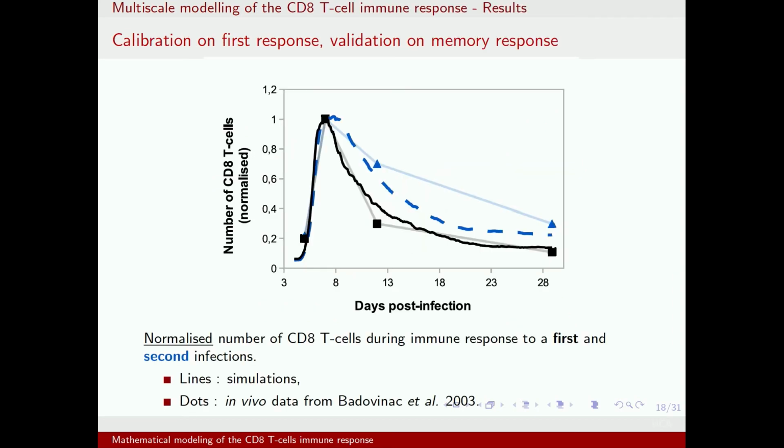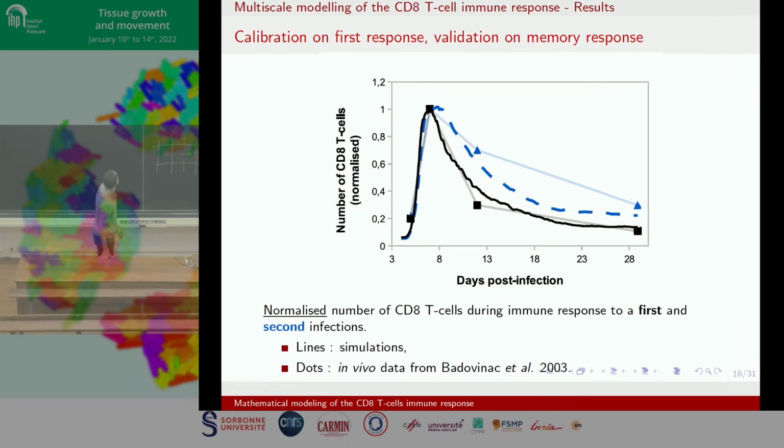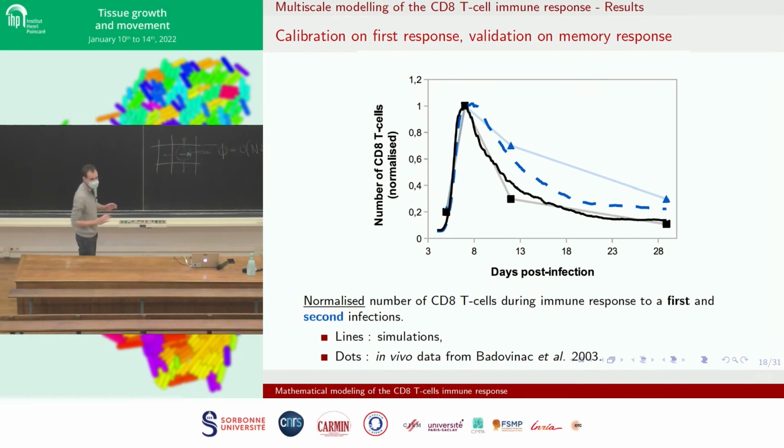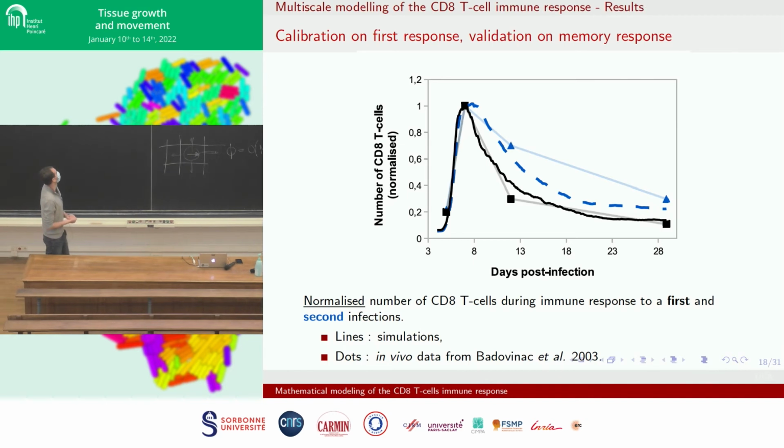Okay, I will show you a few results of simulations. Just before I comment on this figure, I need to say that, as you can imagine, this model is very time-consuming to compute. So we couldn't perform a proper parameter estimation, etc., a proper mathematical analysis. So what we did is to find as many parameters as possible in the literature.